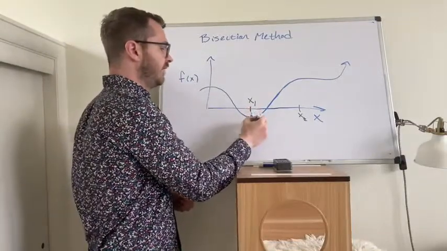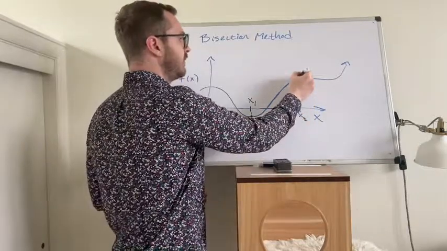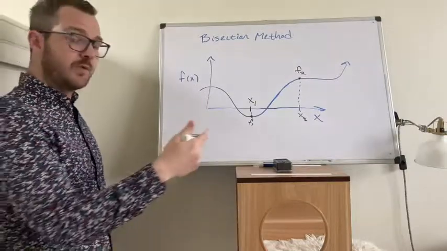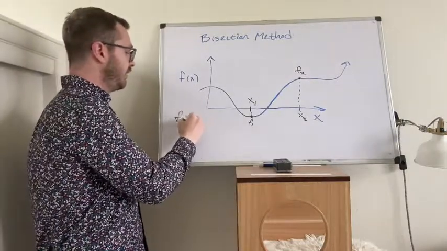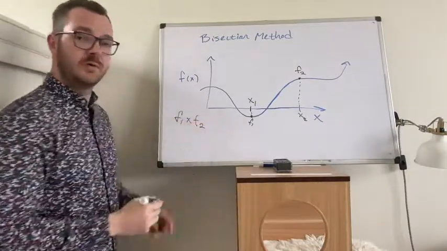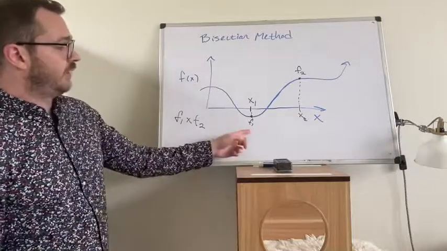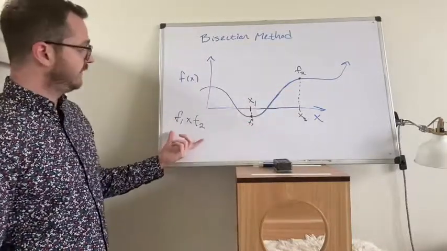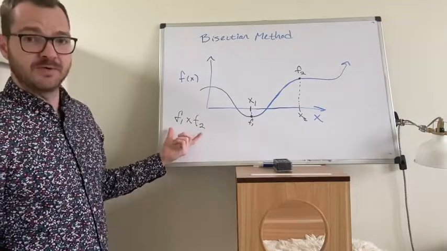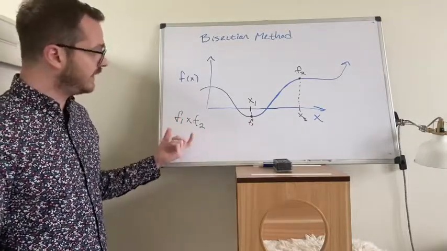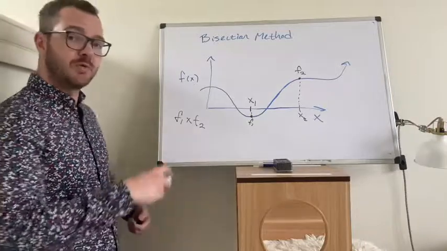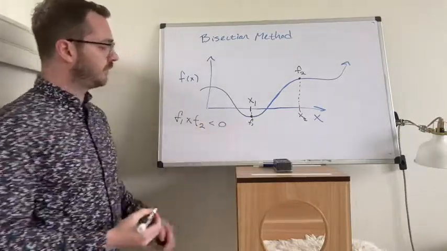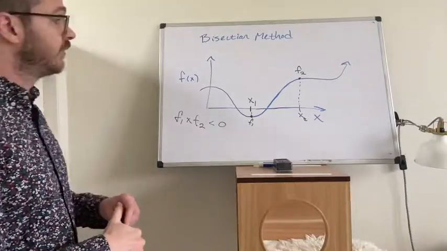Here would be f1. Here would be f2. If we were to take f1 and multiply by f2, well, f1 is negative and f2 is positive, right? So again, it doesn't matter the magnitudes of these numbers. The only thing that matters is with one negative and one positive, you end up with a sign change. And when you multiply them together, this value is going to be negative.